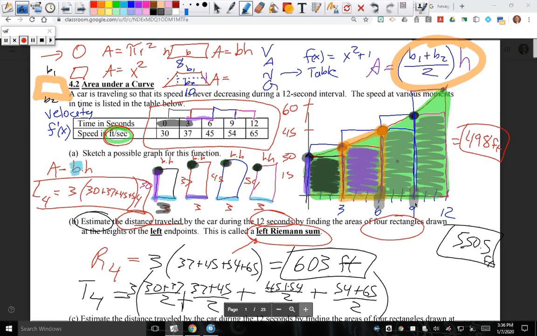How do you find the halfway point between two numbers? Add them and divide by 2. You with me? What's the halfway point between 6 and 9? 7.5. So at 7.5, guess what I'm going to do? I'm going to find the y value on the graph, and this is my height.